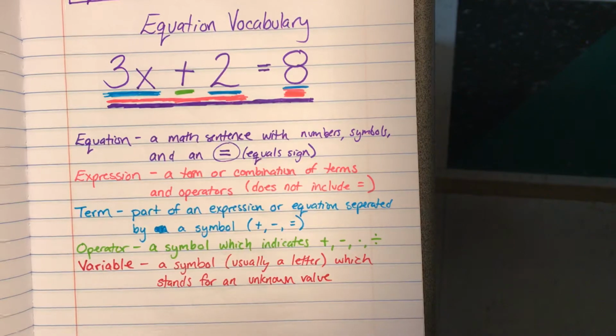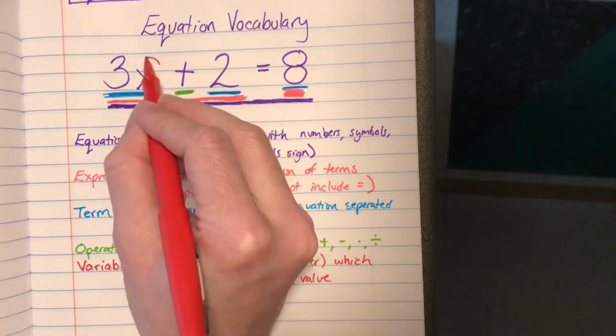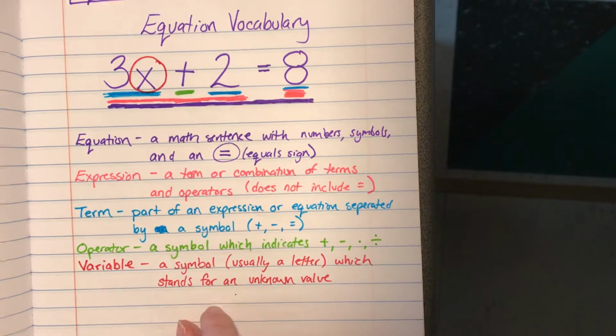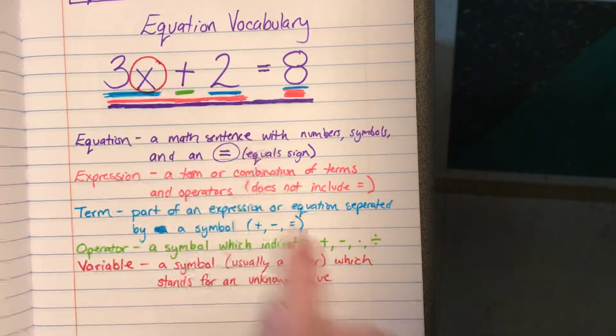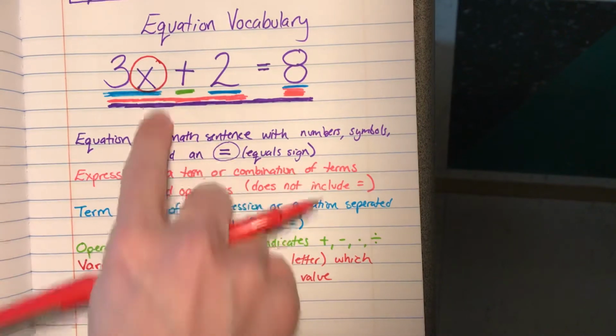In our case, we have this letter, this x. I'm going to circle it in red to indicate that that's my variable. So my variable is a symbol, usually a letter. So any letter of the alphabet, x, a, b, c, d, e, f, g, h, i, j, k, l, m, n, o, p, all the way through z.